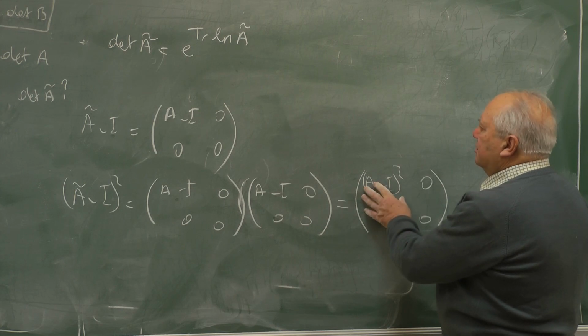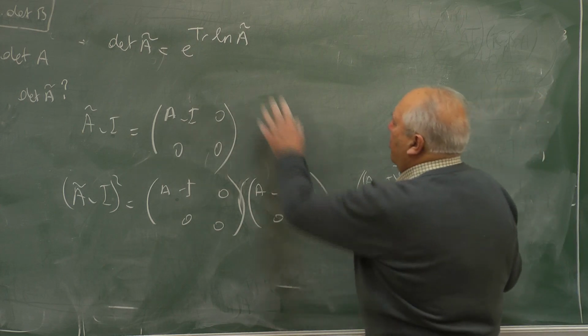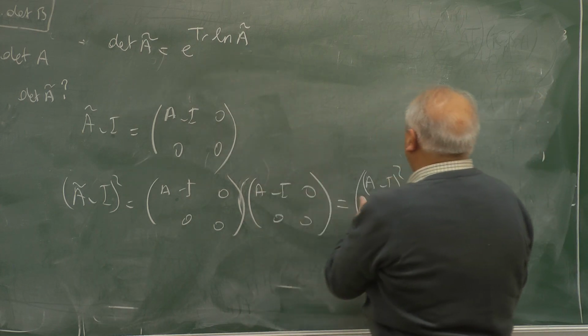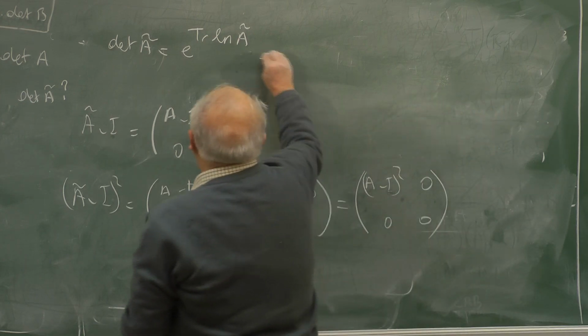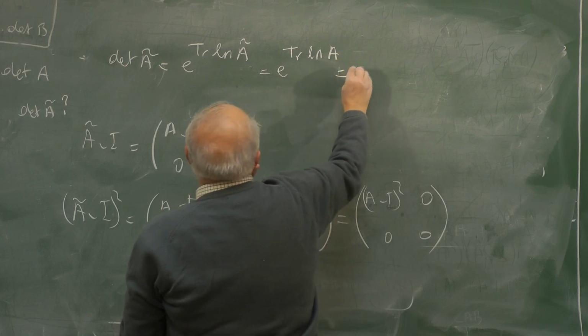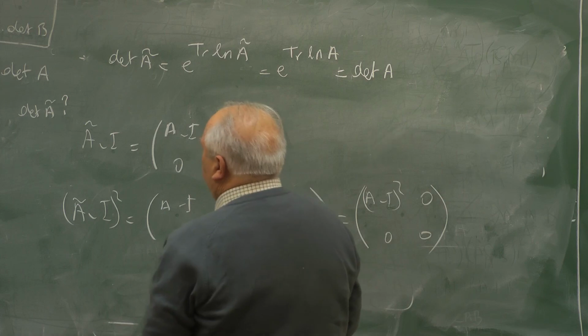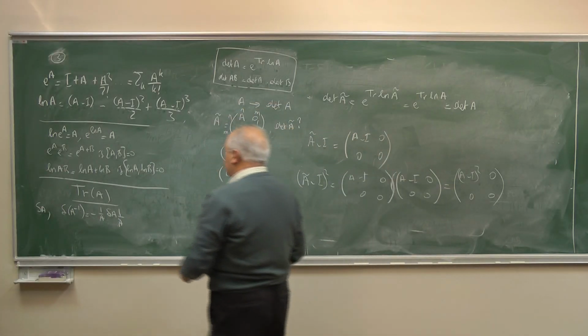So the trace of log A tilde is the same thing as the trace of log A. So it is e to the trace log A, which is simply determinant A. So what's the result? Let me just say it again.